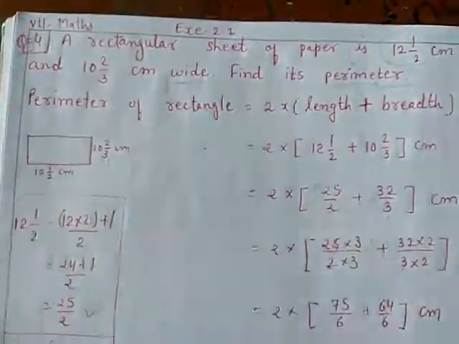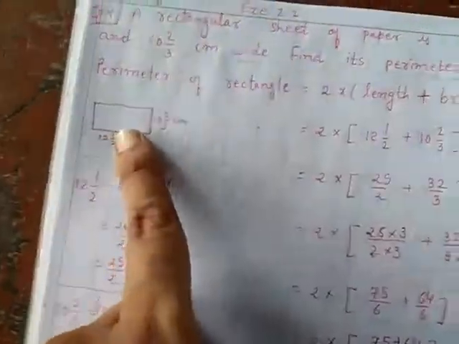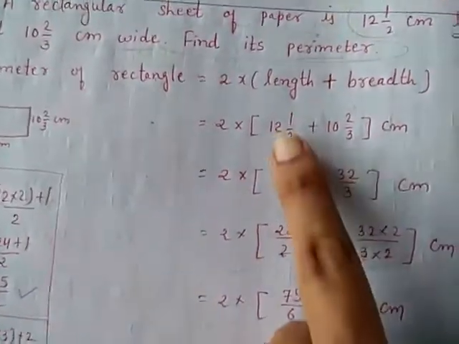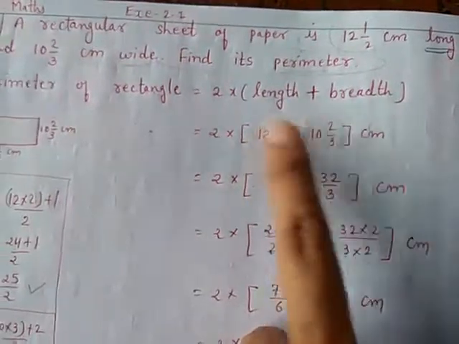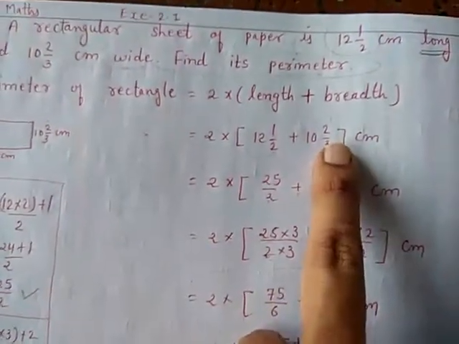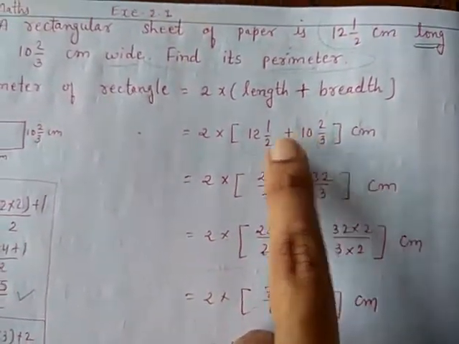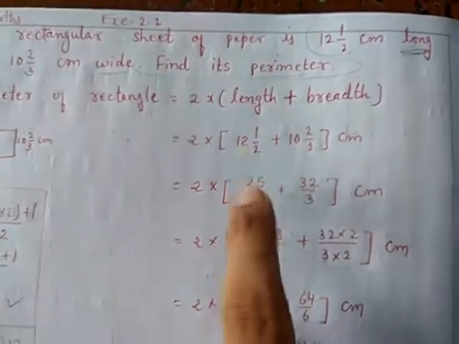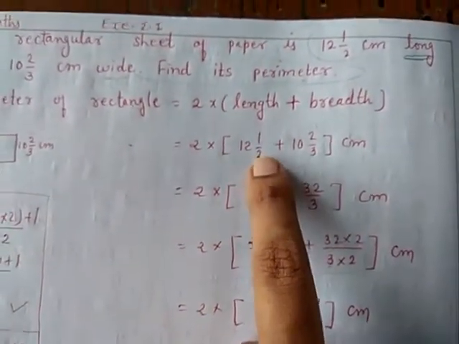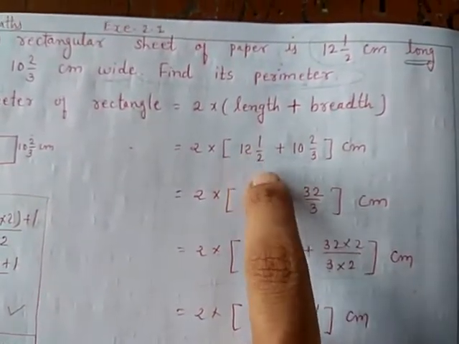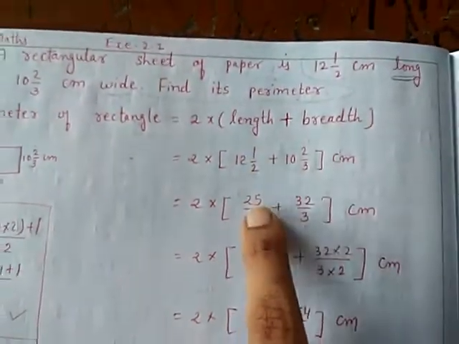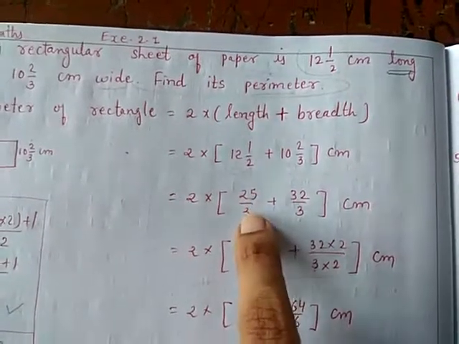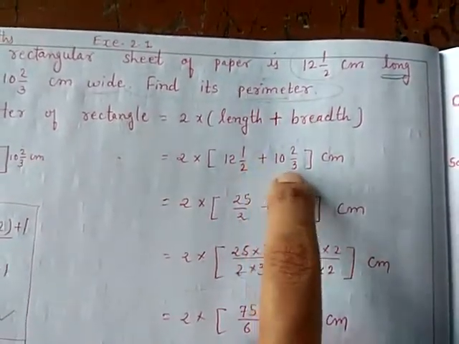Okay, so you just put these values in the formula. Now see, both numbers are mixed fractions, so we need to convert them into improper fractions, right?